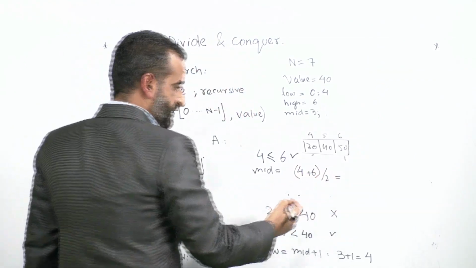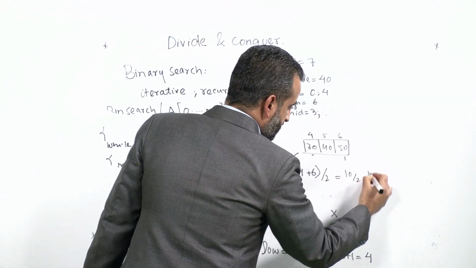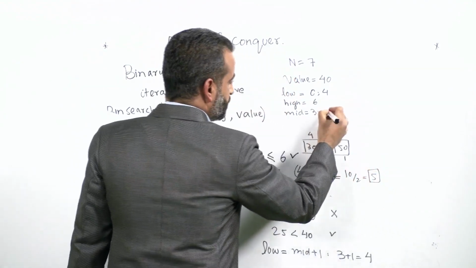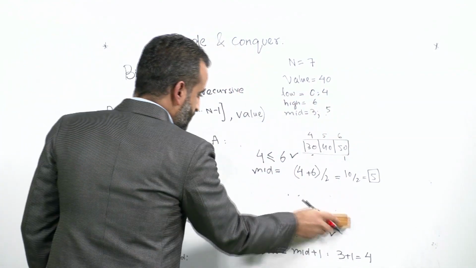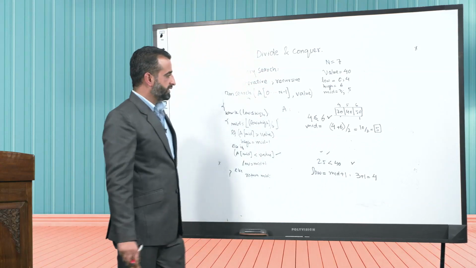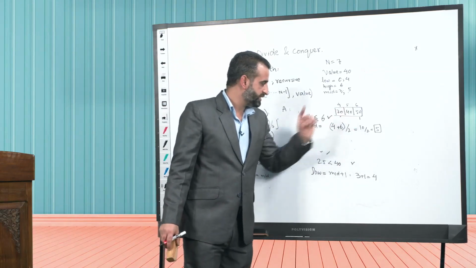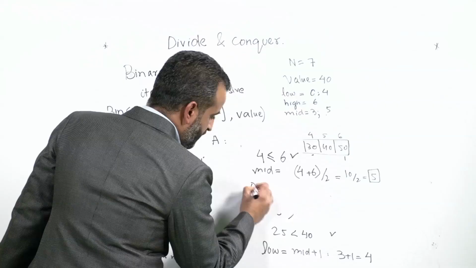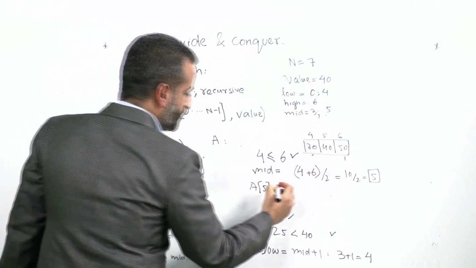Again, it's evenly divisible, so we do not need the floor function. My new mid is 5 in this case. Once we compute the mid, we look at what exactly this mid is pointing to. What is the value that this mid is pointing to? So we look at A of 5. In this case, A of 5 is the value 40.